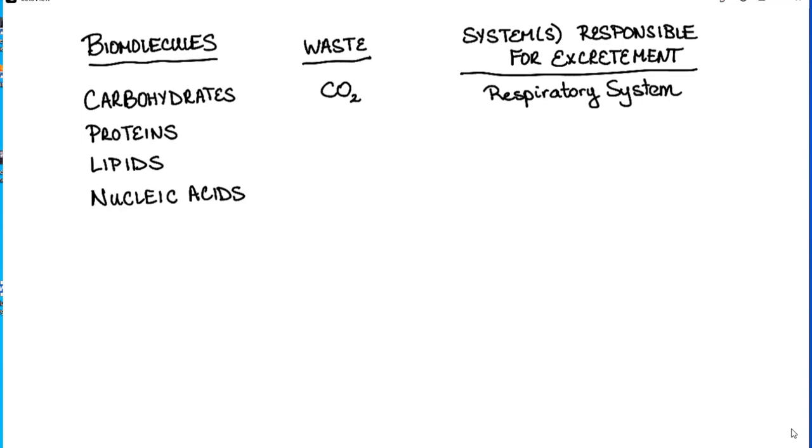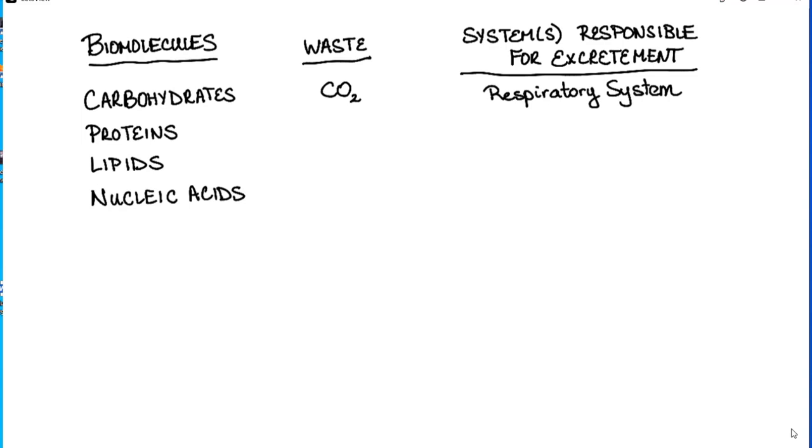It turns out that there's actually another system that can tangentially assist in the excrement of CO2, and that is the urinary system. Does CO2 directly diffuse into our urine? Not exactly, but remember, most of the CO2 in our blood is transported in the form of bicarbonate, and bicarbonate can be excreted.